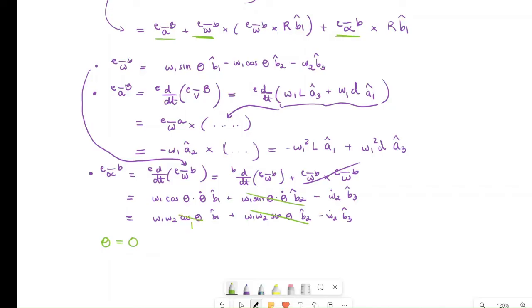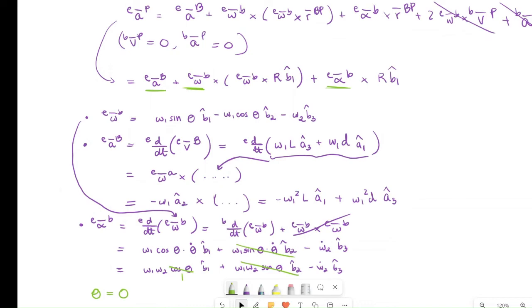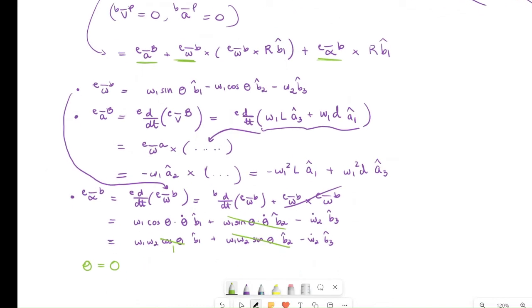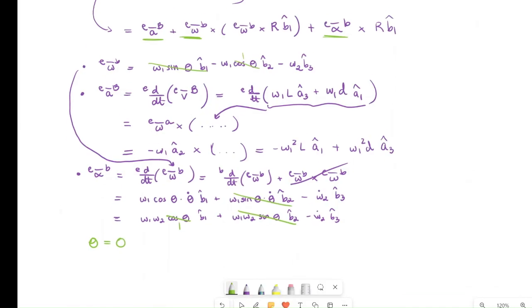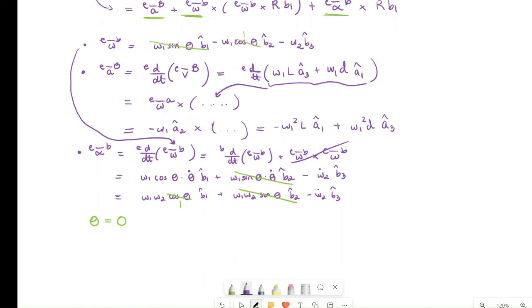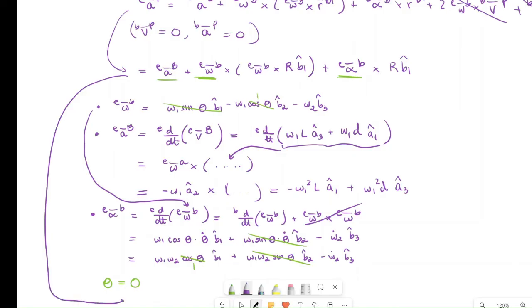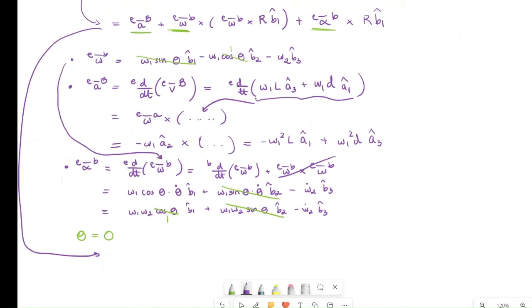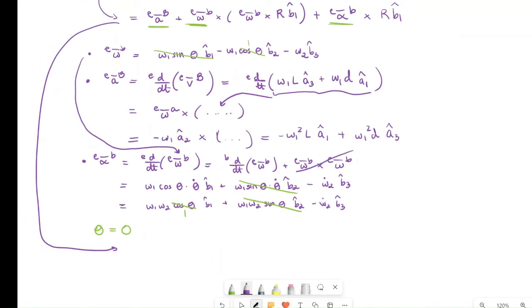This becomes 1, right, because cosine of 0 is 1. This becomes 0, and then this becomes 1. So now my expression right here becomes much nicer. It just becomes negative omega 1 squared L A1 hat plus omega 1 squared D A3 hat.